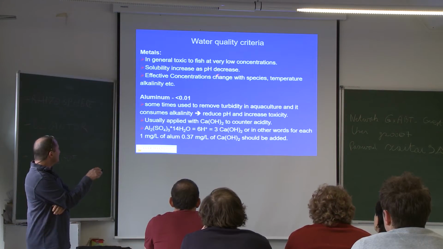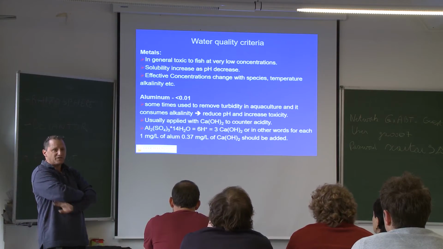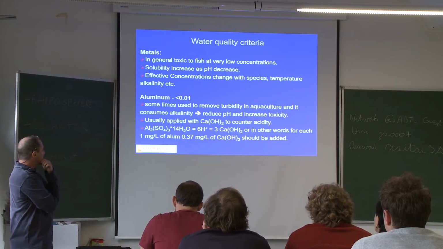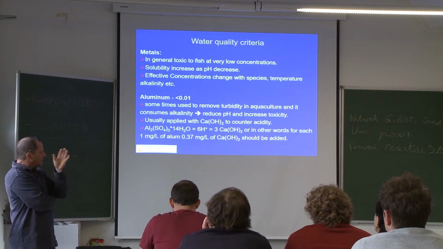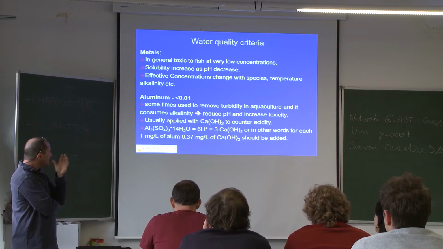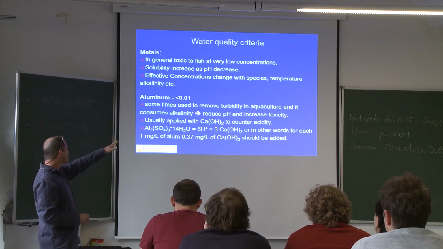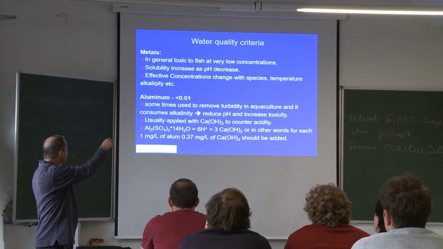So in general, it's toxic to fish at very low concentrations. Solubility increases when pH decreases. That happens with most metals, iron and lead and all these cations. The effective concentration changes obviously with species, but also with temperature and alkalinity.